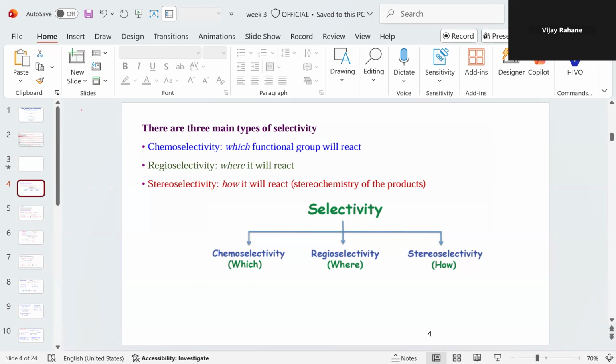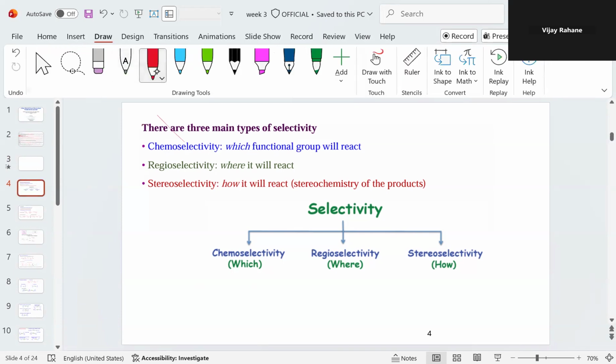So basically there are three main types of selectivity. The first one is chemoselectivity, which generally deals with which functional group will react. Then there is regioselectivity, where it will react.